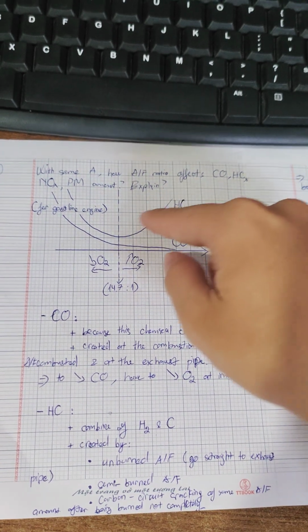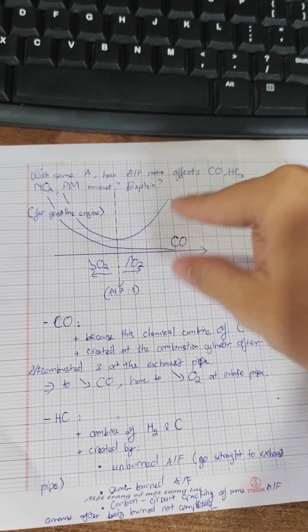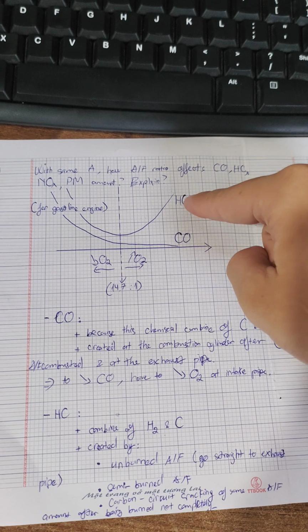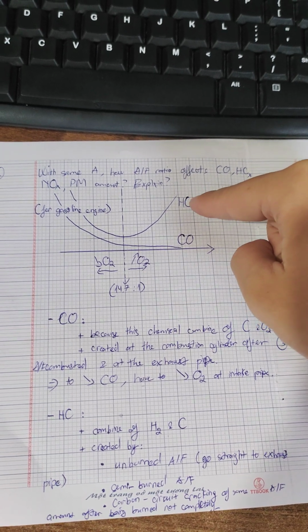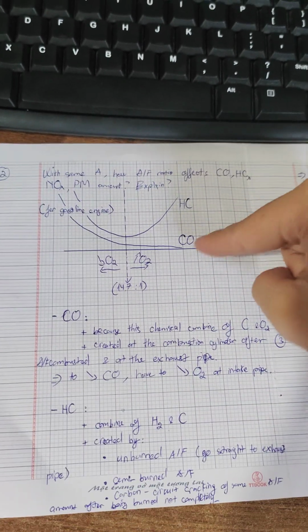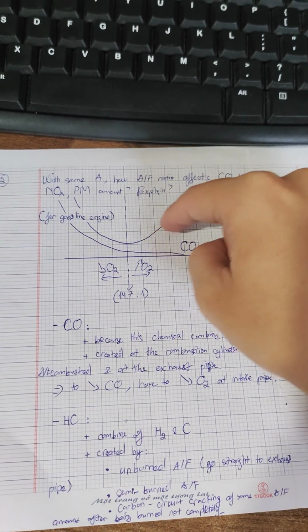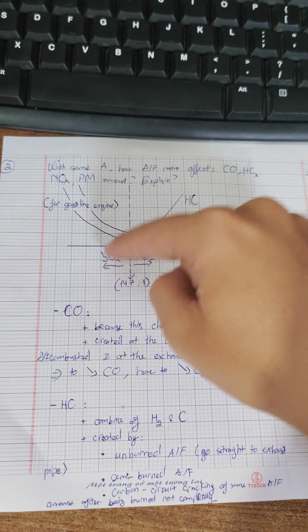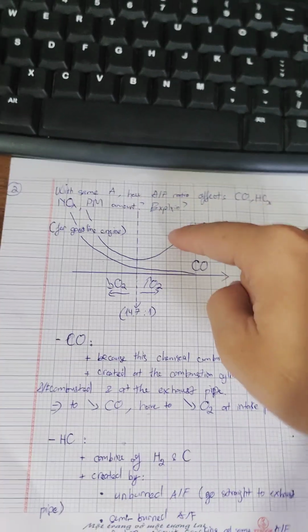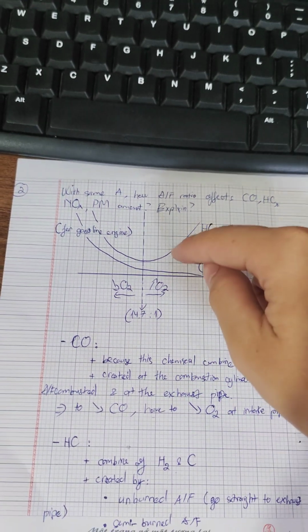So the first two components, hydrocarbon and carbon monoxide, are presented through this graph. This graph is used for a gasoline engine.